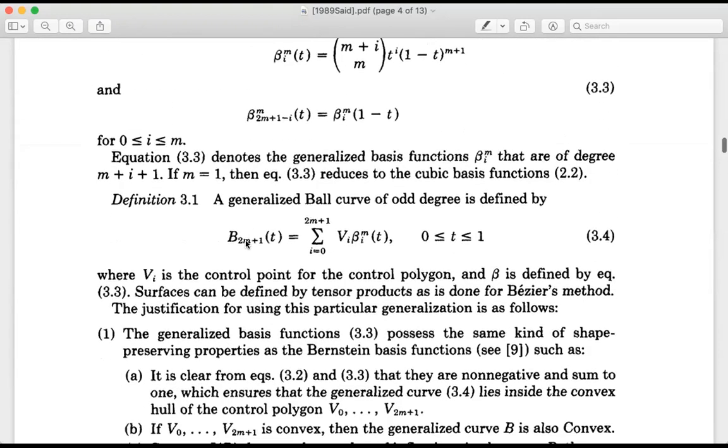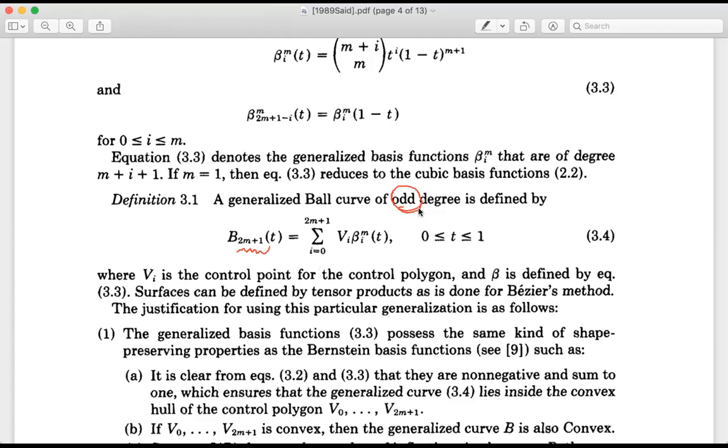And then we can come up with the generalized Ball curve of odd degree. So the formula for the odd degree is very simple, right? You have to write it in terms of m, where m is the middle point or median. B 2m plus 1 will be the index for the generalized Ball polynomial.